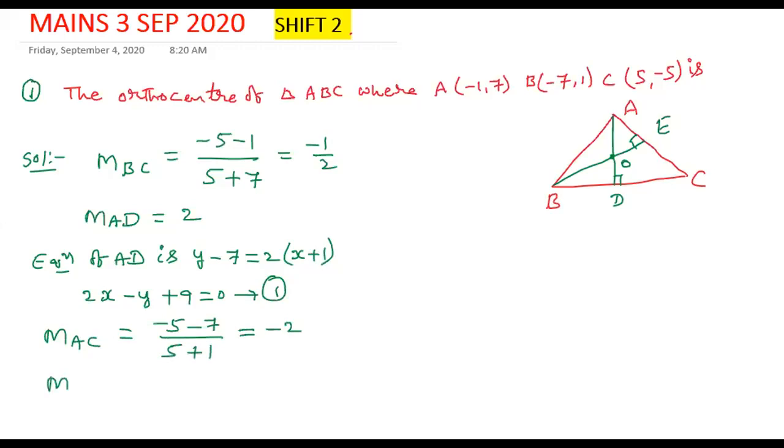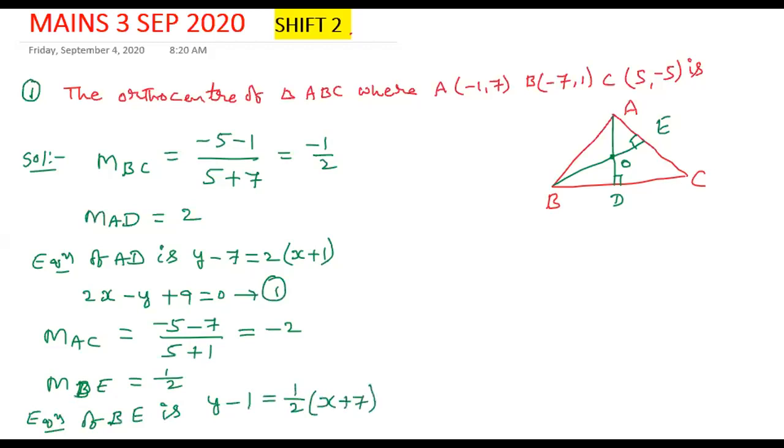That means slope of BE, so we get 1 by 2. Now equation of BE, sorry, not DE. Equation of BE, it is passing through vertex B only. So y minus 1 is equal to 1 by 2 into x plus 7.